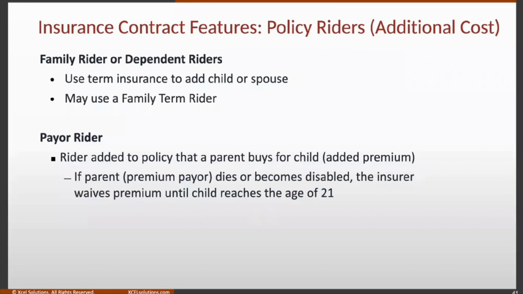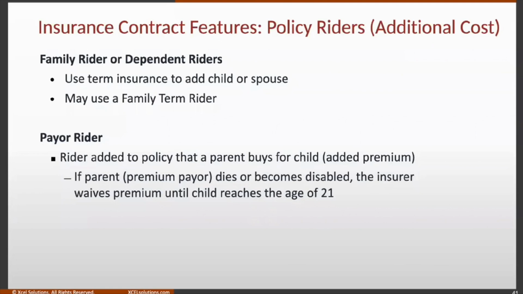A payor rider is always used with juvenile insurance. Payor, juvenile insurance. Juvenile insurance, payor rider or payor provision. So a payor rider is a rider added to a policy that a parent or legal guardian buys for their minor child.